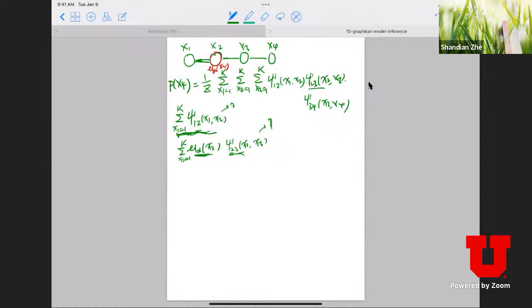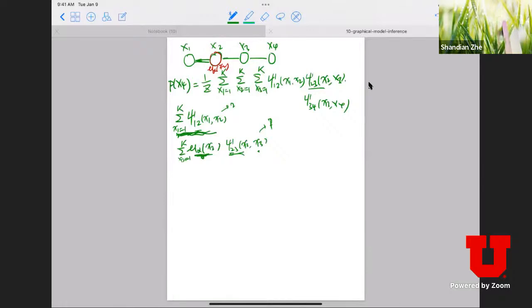So there's a lot of duplicated computation. However, if you do this nested summation beforehand, because you have already cached the results, every time you switch to a different value of x3, you just read out the corresponding value of mu alpha, multiply it, and do the summation. Does it make sense?